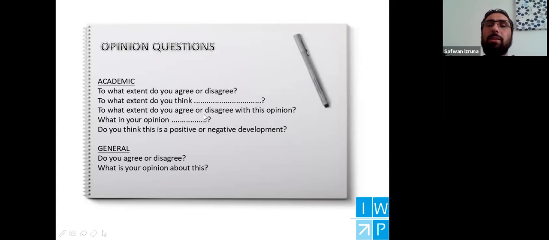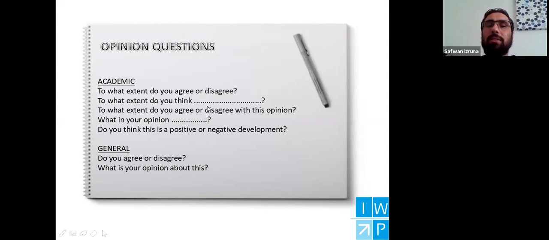To what extent do you agree or disagree with this opinion? So it's more or less the same thing here. What, in your opinion, and then they're going to give you the question. Do you think this is a positive or a negative development? So these are all questions that come in the academic test, asking you about your opinion.